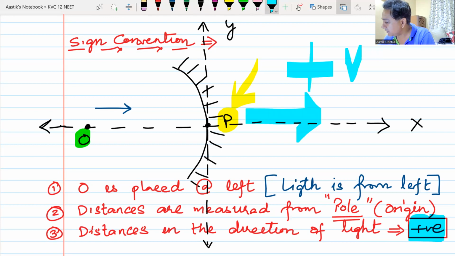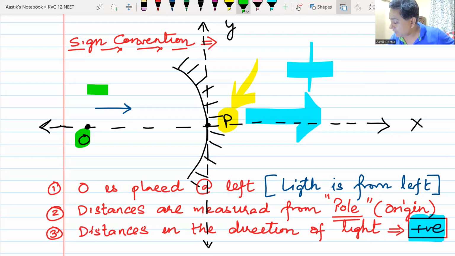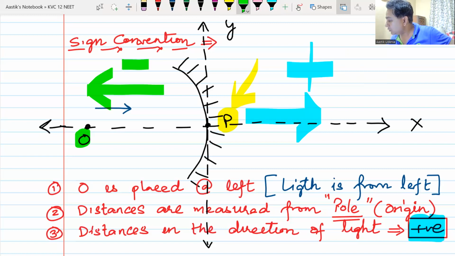Now this sign is not looking good, so I'll just write it as positive. If it is in this direction, right of the pole, which is incidentally your plus x-axis, it would be positive. If it is in this direction, it would be negative. Do we understand this? Yes or no?